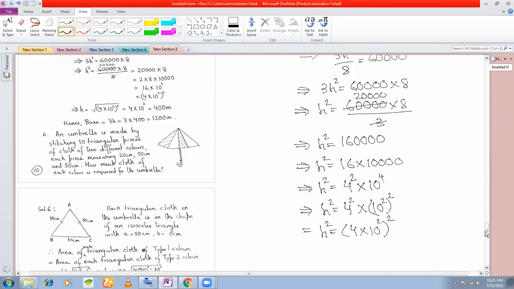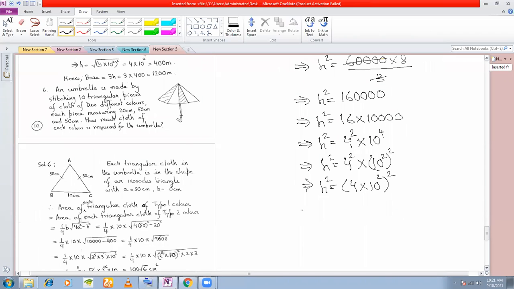Now when I take the square root, I'll simply have to remove the square. So h is equal to the square root of 4 into 10 square, which is equal to 400 meters. So the height is 400 meters.